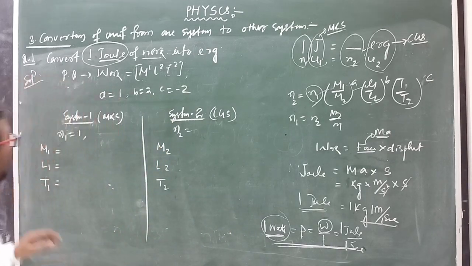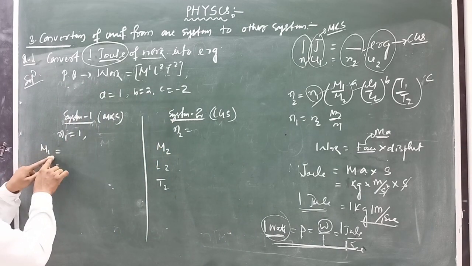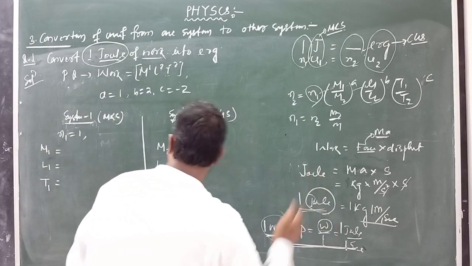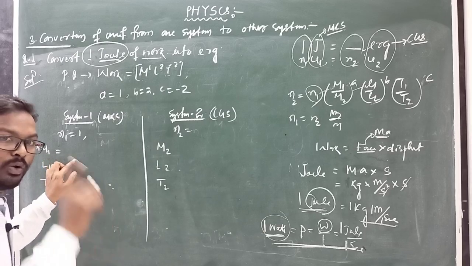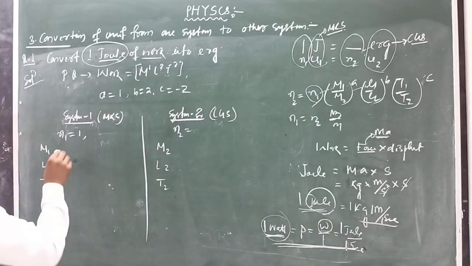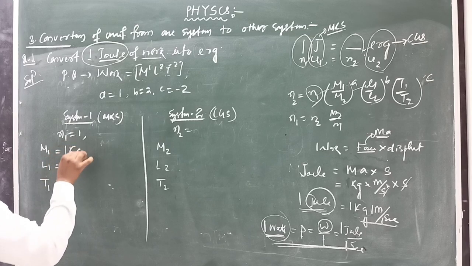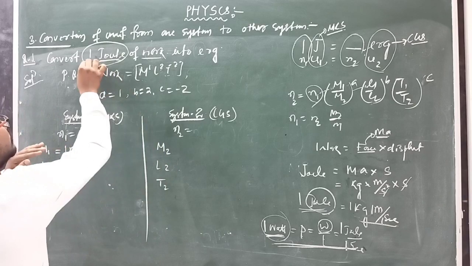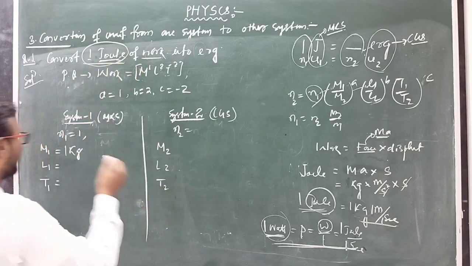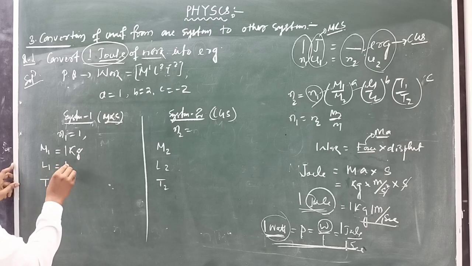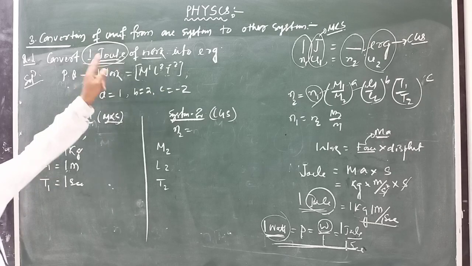So we have to use here n1 equal to 1. What is mass? When joule is given, then we have to use mass equal to 1 kilogram. Here 1 kg, MKS system, clear? If you are given 1 joule, then you can write 1 kg, L1 equal to 1 meter, time equal to 1 second, in MKS system, which is 1 joule of work.